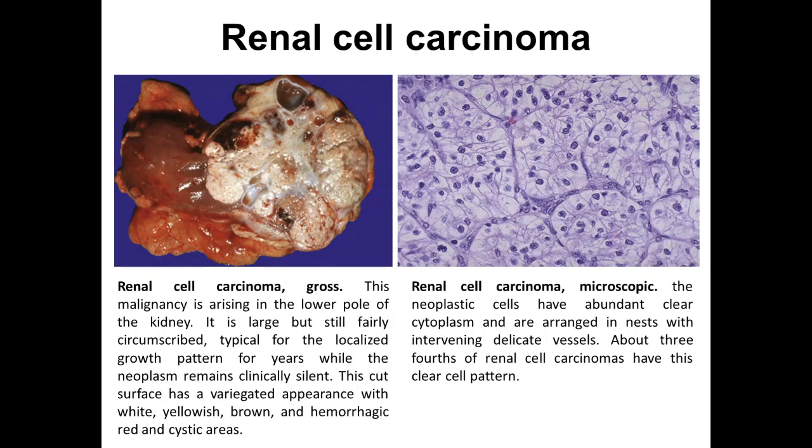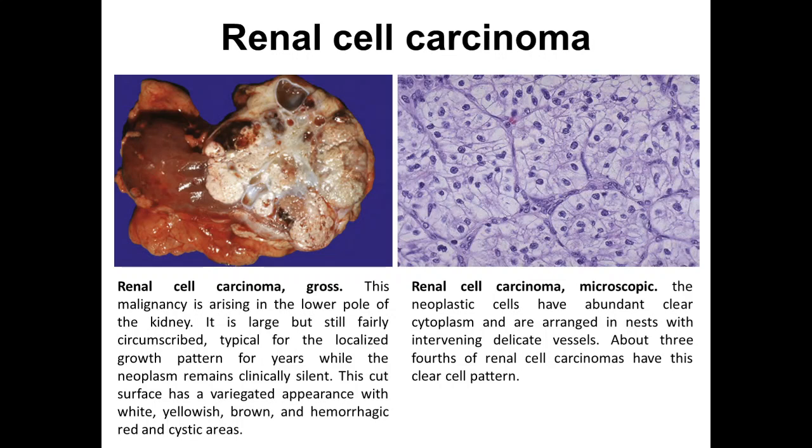Grossly, this malignant tumor develops in the lower pole of the kidney. It's large but still fairly circumscribed, typical of the localized growth pattern for years, while the neoplasm remains clinically silent. You can see here the white, yellowish, brownish, and hemorrhagic red and cystic lesion in this picture.